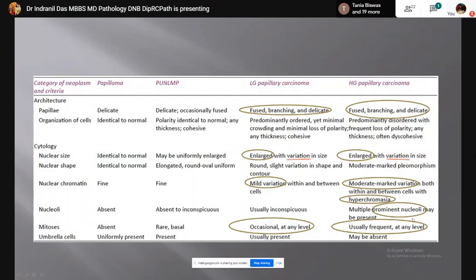Nucleoli are prominent in high-grade tumors. In low-grade papillary urothelial carcinoma, the nucleoli are usually inconspicuous, and if present, they are small. And mitoses are present in all the layers of the urothelium in carcinoma, but they are absent or basal in papilloma or urothelial neoplasm of low malignant potential.